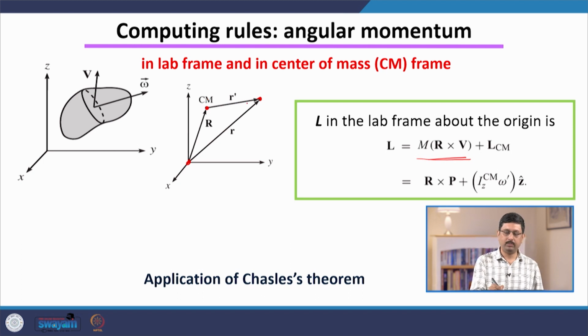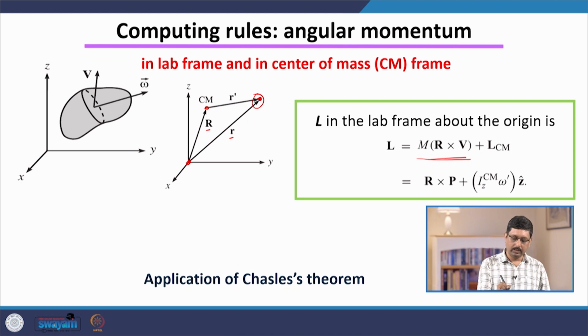The motion of this point is complicated, it has some translation and some rotation. So, this is the center of mass of the object, the location of the center of mass is R in our lab frame, and the location of the point is small r in the lab frame. Then the angular momentum of this point is the angular momentum of this point about the center of mass.